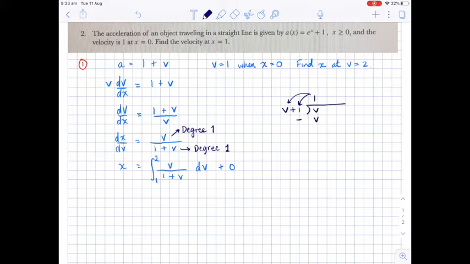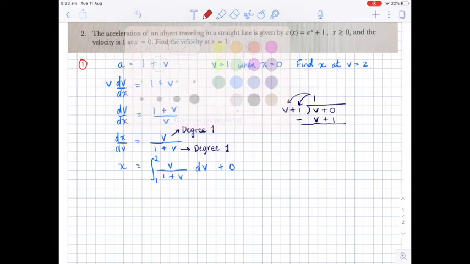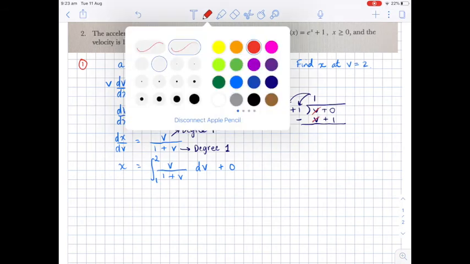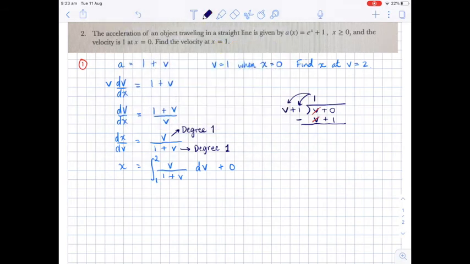So 1 times v is v, 1 times 1 is 1, put a plus 0, and I subtract them. The v's cancel out, and then I get 0 minus 1 is minus 1. This is my remainder, and I can write my expression as v over 1 plus v is exactly the same as 1 minus 1 over 1 plus v.